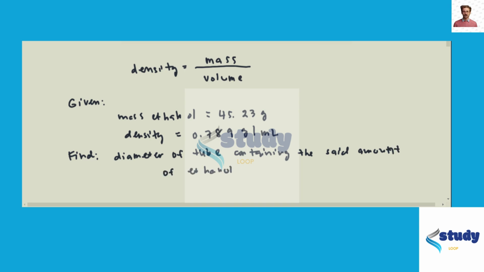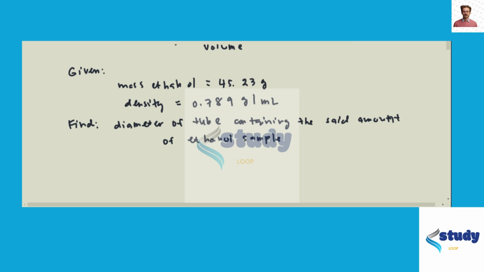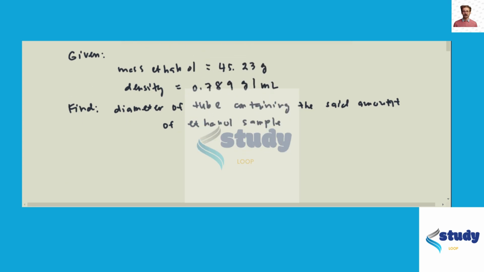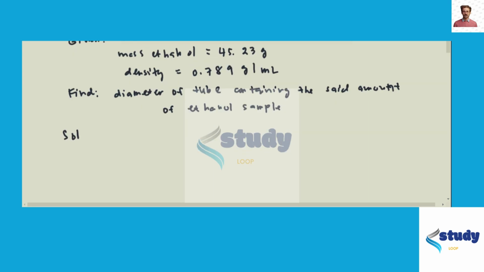So we will start by solving the volume of the ethanol in the tube. So we recall that density is equal to mass over volume. Rearranging that equation to solve for volume gives volume equals mass over the density.